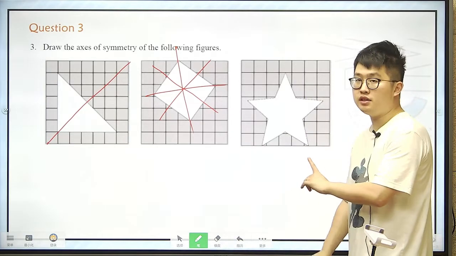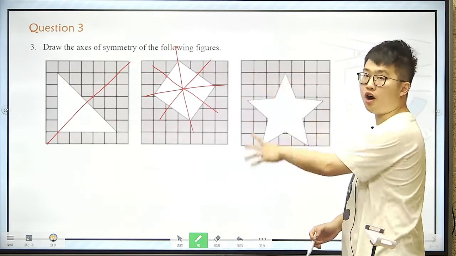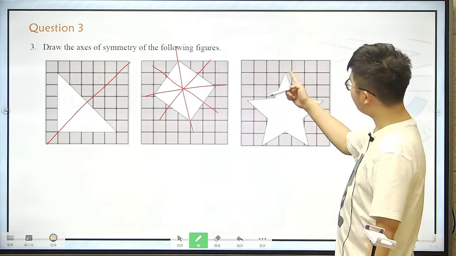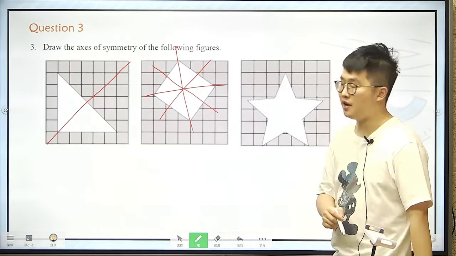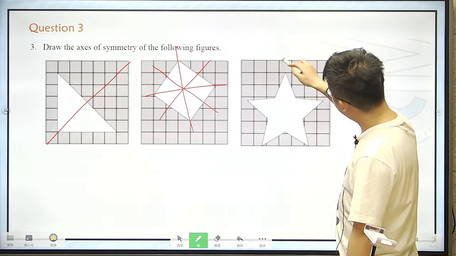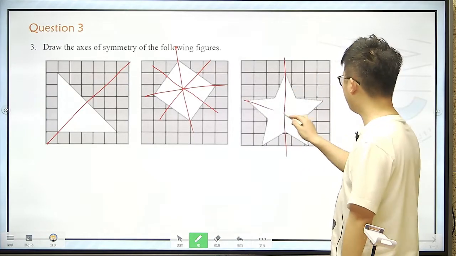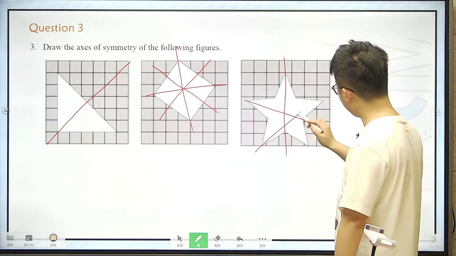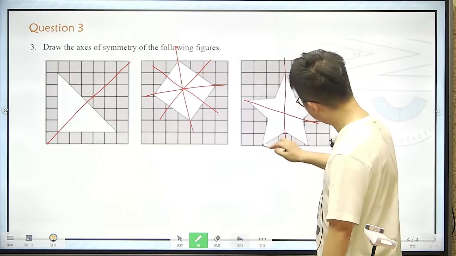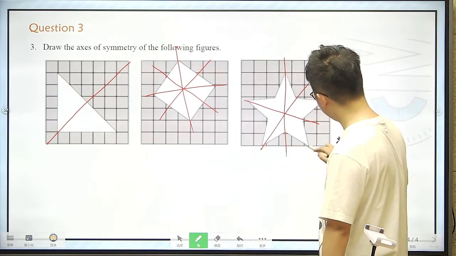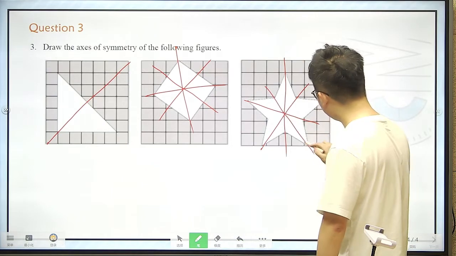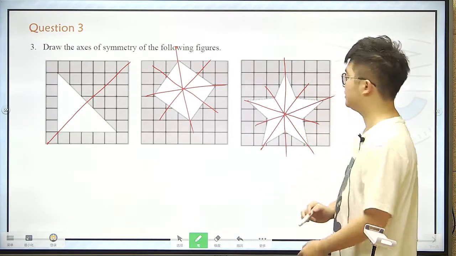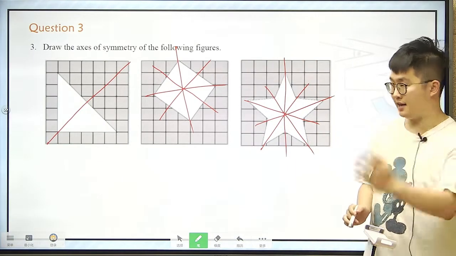And the last one is a star with 5 points, with 5 edges. So there are 1, 2, 3. Sorry, it goes this way: 3 and 4 and 5. There are 5 axes.